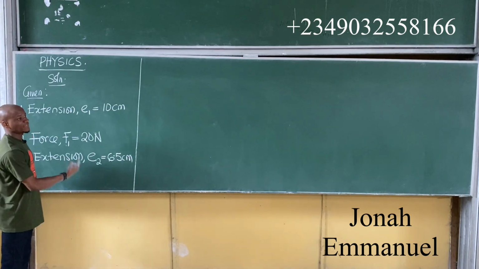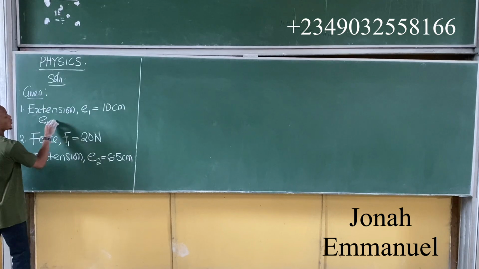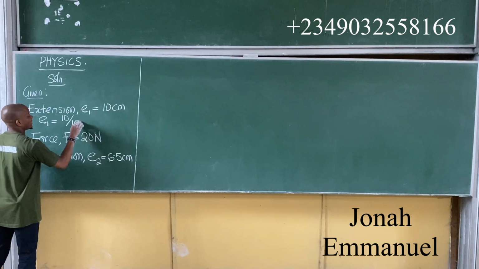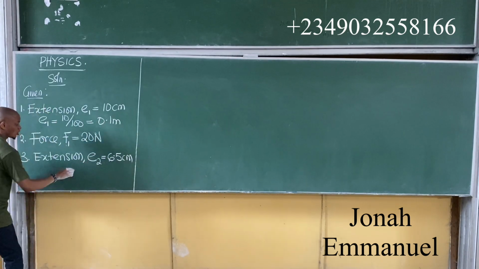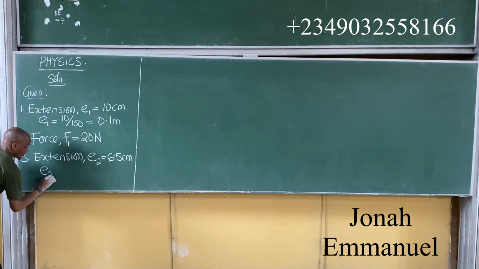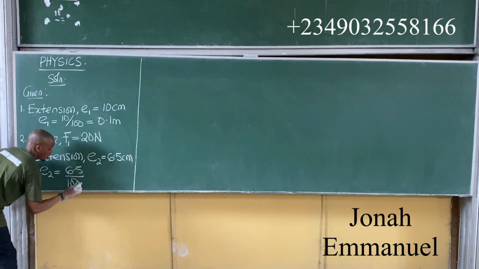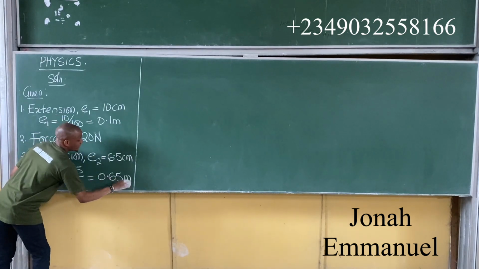First things first, please convert E1, extension 1, to meters. It becomes 10 over 100. That gives you 0.1 meters. Convert this one here. E2 is equal to 6.5 divided by 100. That gives you 0.065 meters.